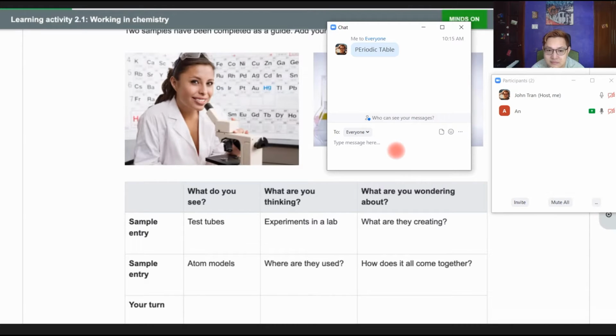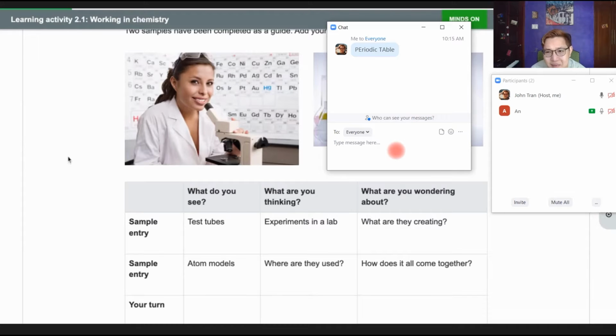What are you thinking? So when you look at a periodic table, what can you say? I'd say, what are all the letters used for? Then you write it down. What are the letters used for, and how are their interactions?